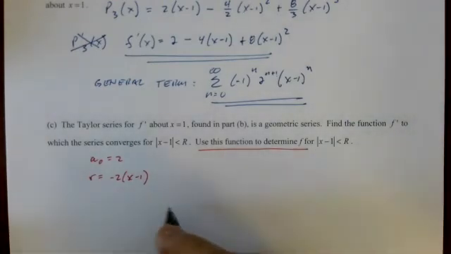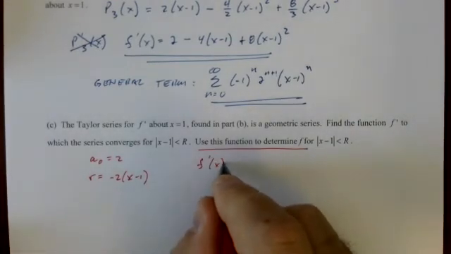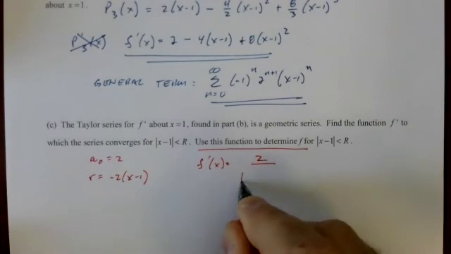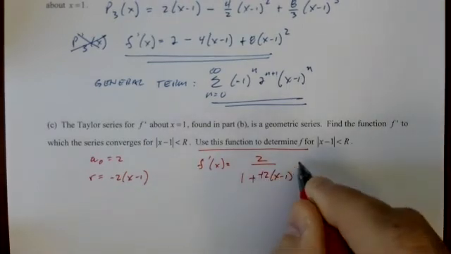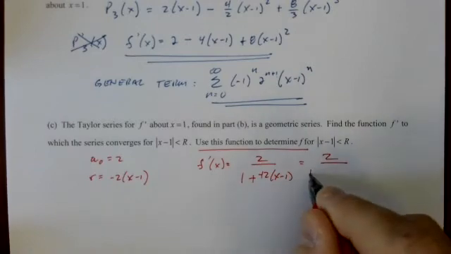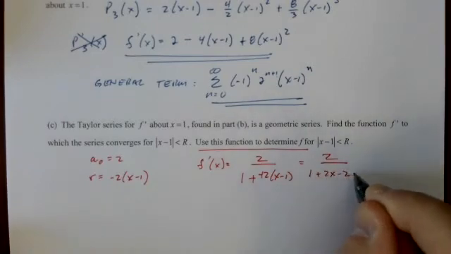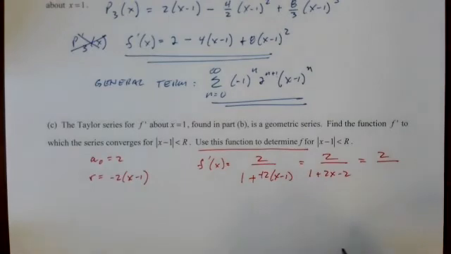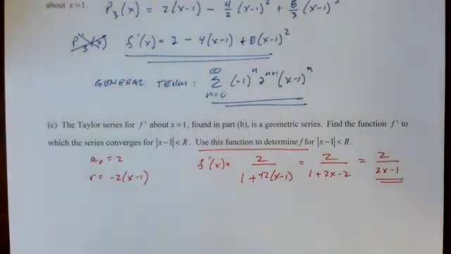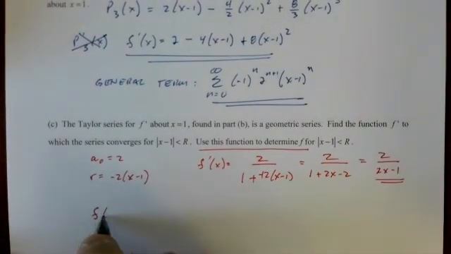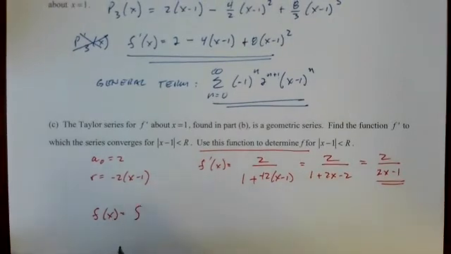We're finding f prime. So f prime of x equals 2 over 1 minus -2(x minus 1). So yeah, equals 2 over 1 plus 2x minus 2, equals 2 over 2x minus 1. Cool. f of x equals the integral.